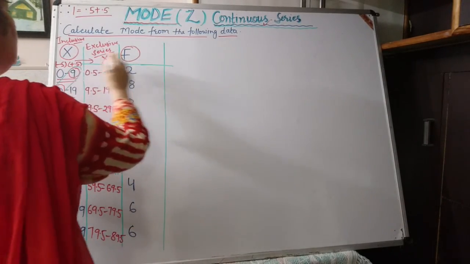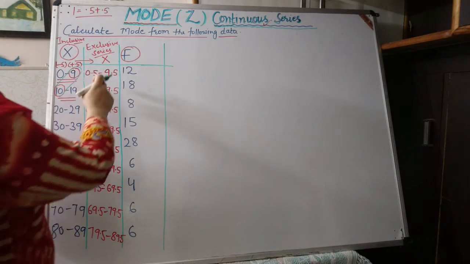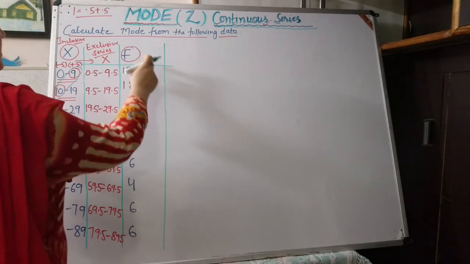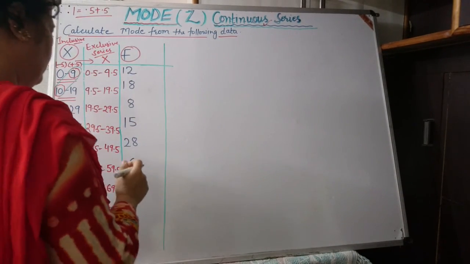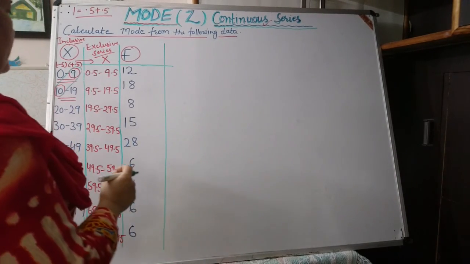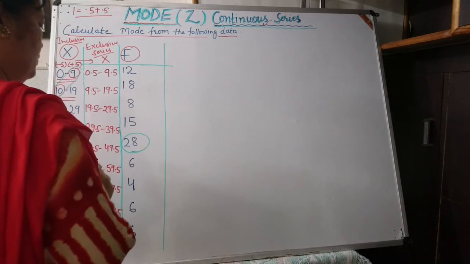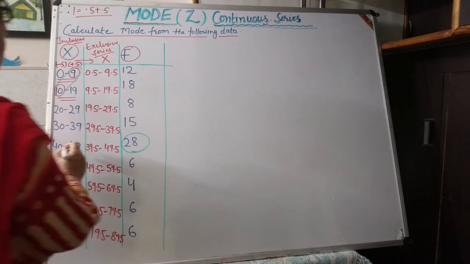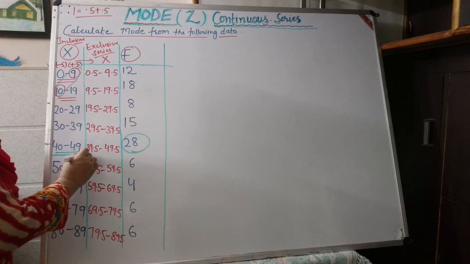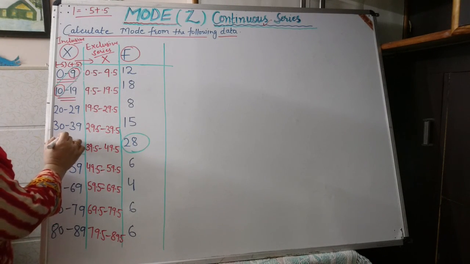We have converted this inclusive series into an exclusive series, and now with the help of this exclusive series we will find out the value of mode. We know that mode is the value which occurs maximum times in a frequency distribution. So it means our mode will lie in the class interval 40 to 49.